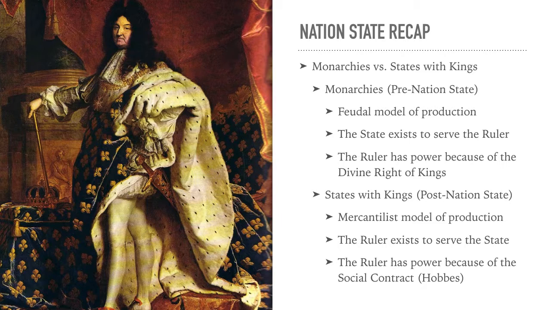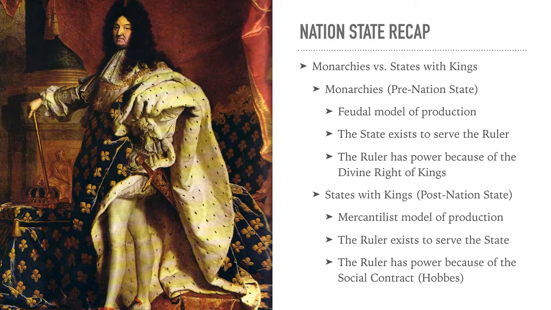I am the king because I have been ordained by God, and the entire land exists to serve me. In a state model that just happens to have a king, you have a more mercantilist, more modern model of production. And in this case, the ruler is just a glorified bureaucrat.